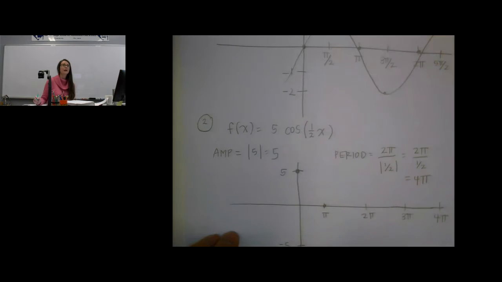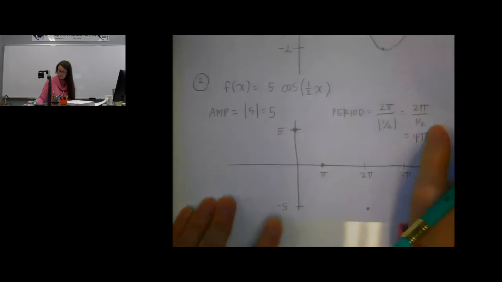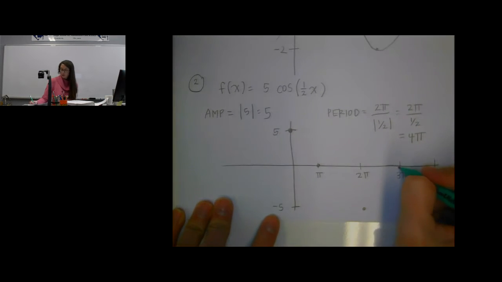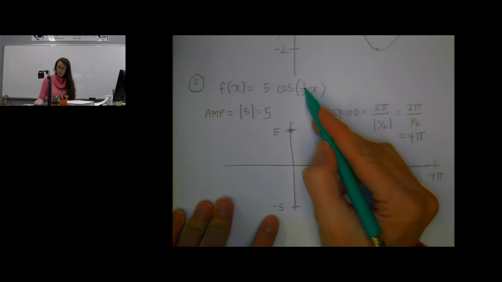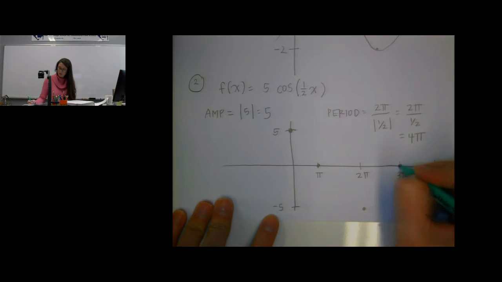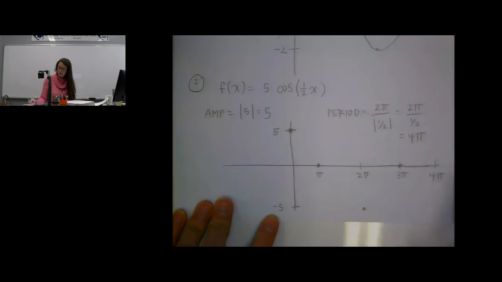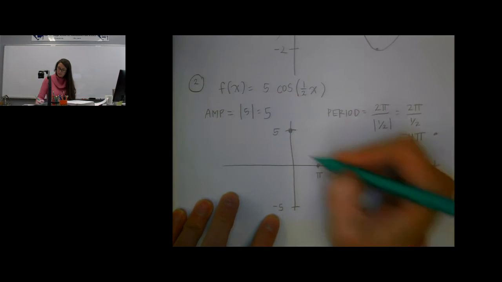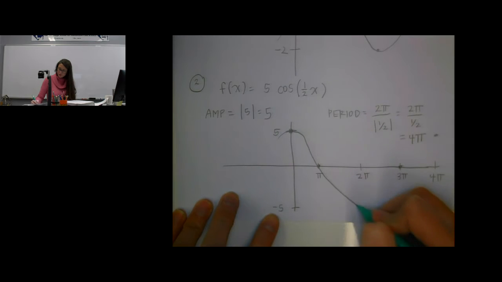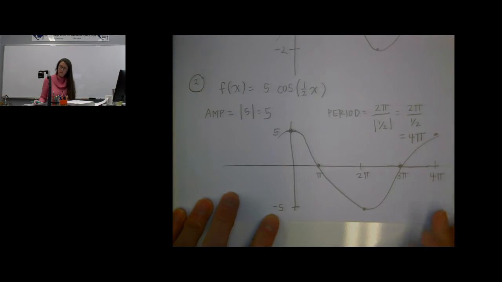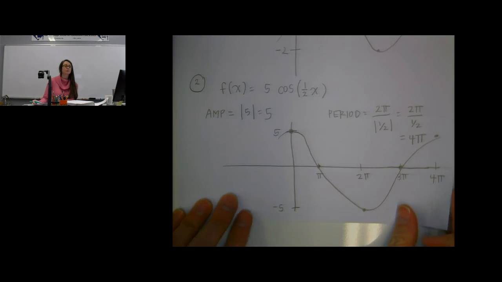Multiply that times 5, which gives you a negative 5. And then when you plug a 3 pi in there, that's 3 pi over 2. So cosine of 3 pi over 2 is going to be a 0. Cosine of 4 pi, so 4 pi over 2, gives me a 2 pi, right? So it's going to be up here. So basically, there is your period of your graph. It's beautiful.